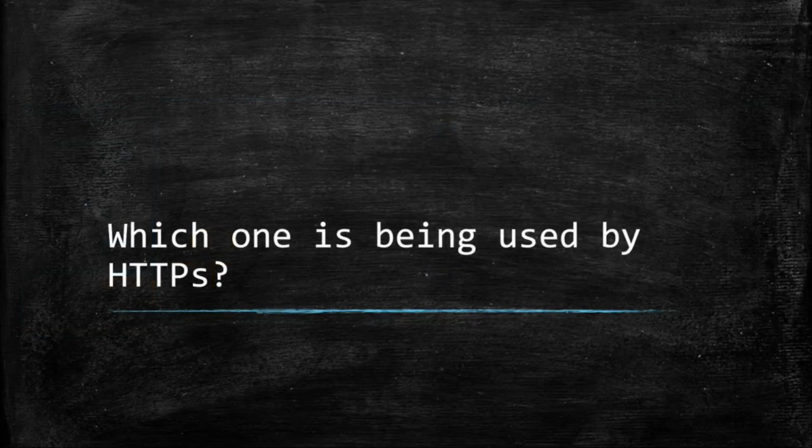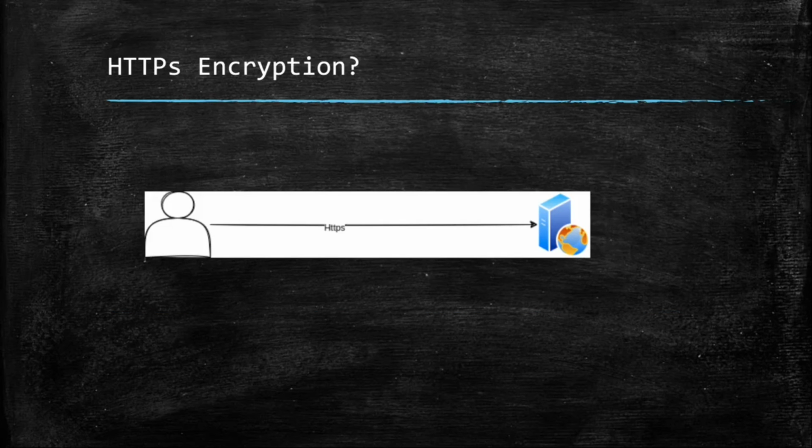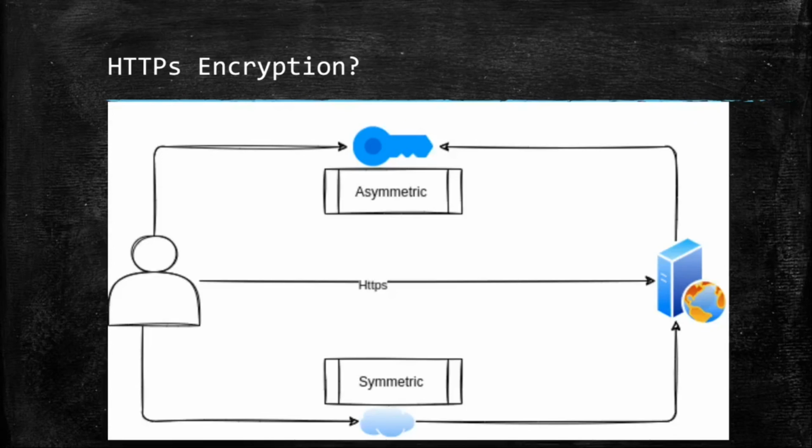So now we understand symmetric versus asymmetric encryption. Which one is being used by HTTPS? Imagine I am a user and I want to connect to your website over HTTPS. Which encryption will be used here? In fact, HTTPS uses both.